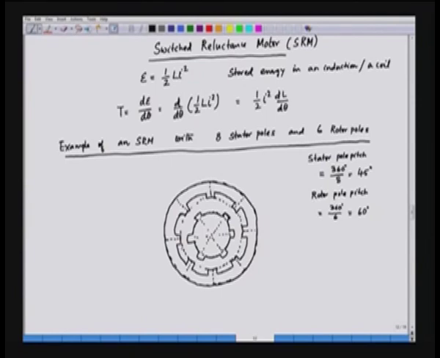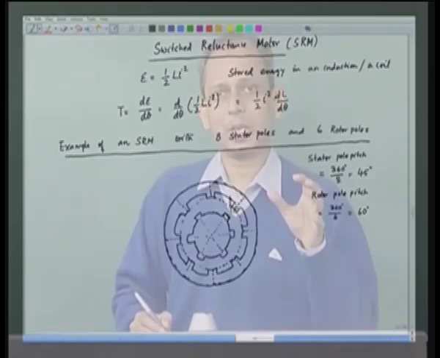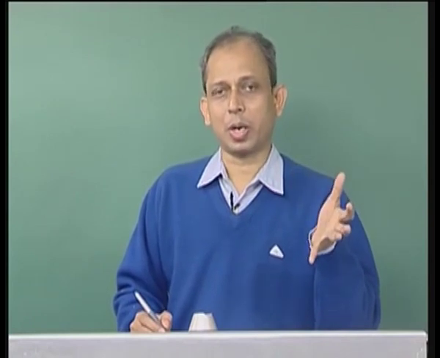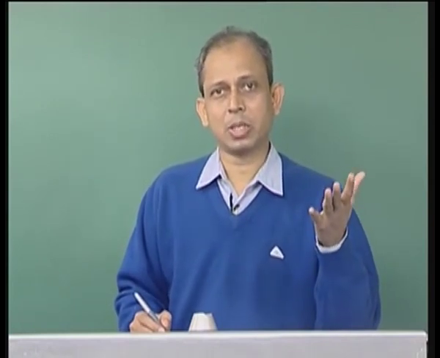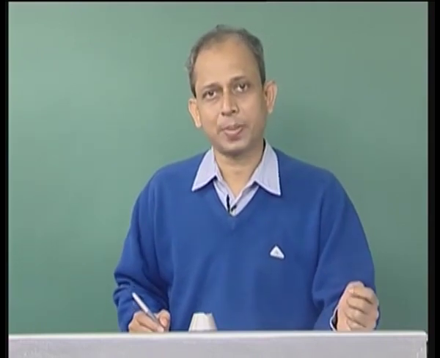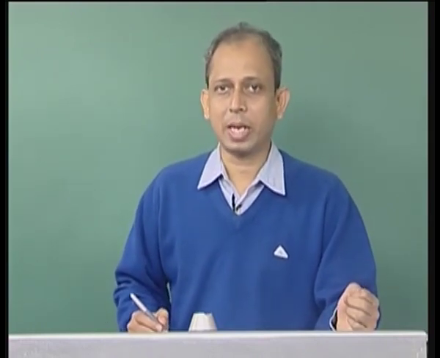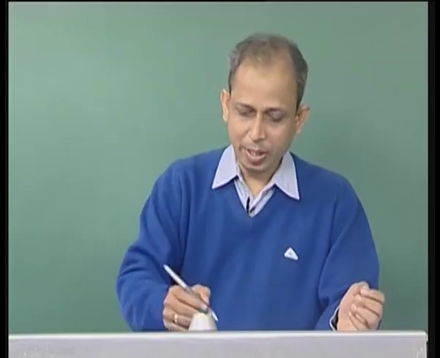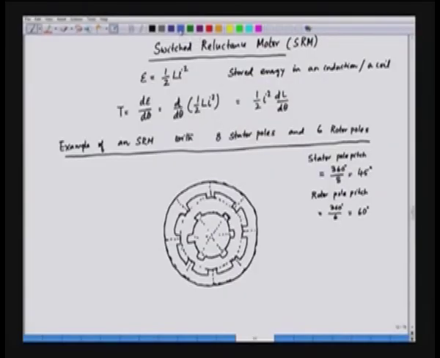So, this is the structure of the rotor. The stator also has saliency, the rotor also has saliency. The stator is slotted, the rotor is also slotted. But the difference between the stator and the rotor is this: the stator will carry concentric windings, the rotor does not carry any winding.